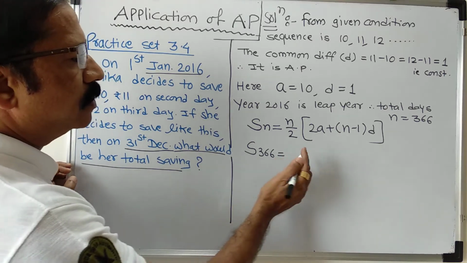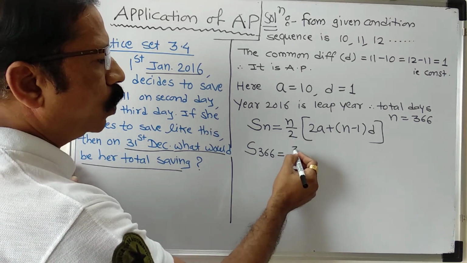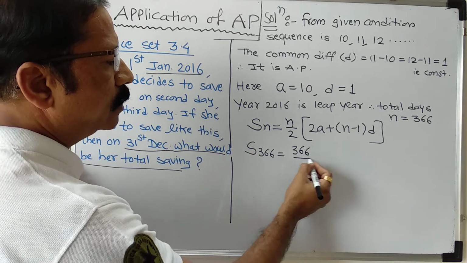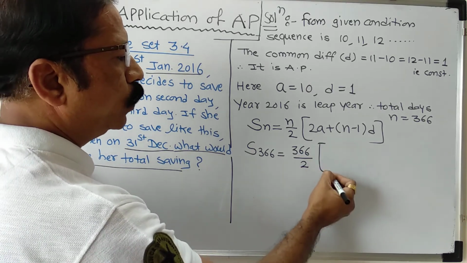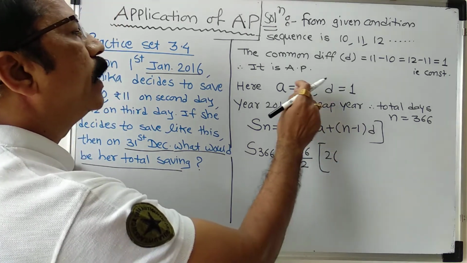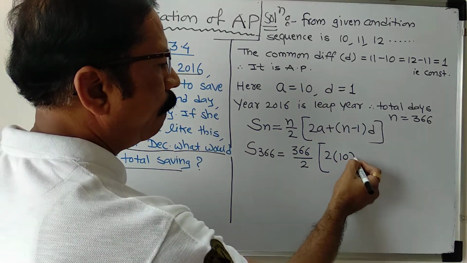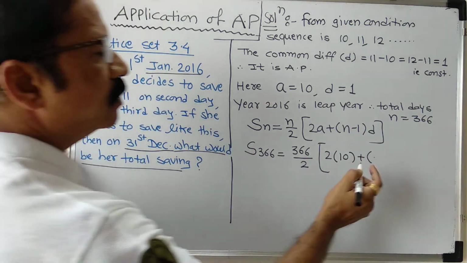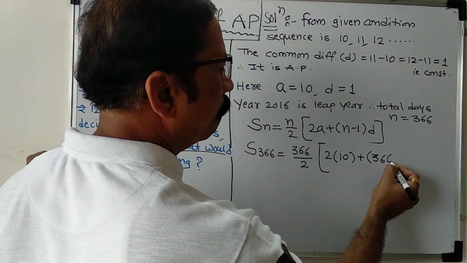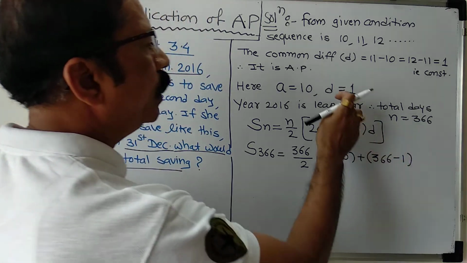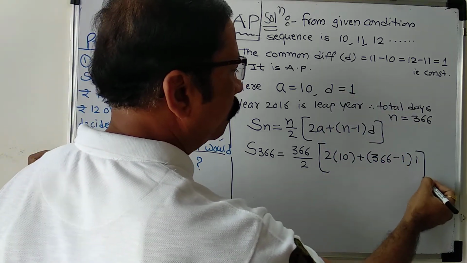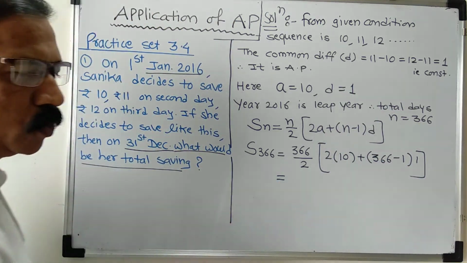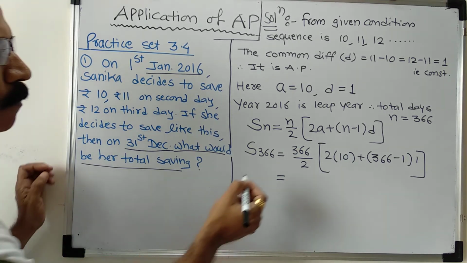So S366 is equal to n upon 2, that is 366 upon 2 into bracket 2 into a, the first term, plus n minus 1, n is 366, minus 1 into d, common difference 1. So just substitute the values and do the calculation.